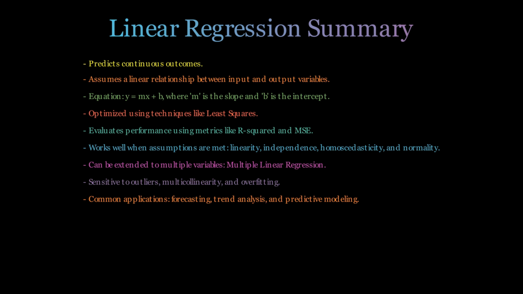The equation for linear regression is y equals mx plus b, where m is the slope and b is the intercept. The model is optimized using techniques like least squares, which minimizes the sum of squared residuals.